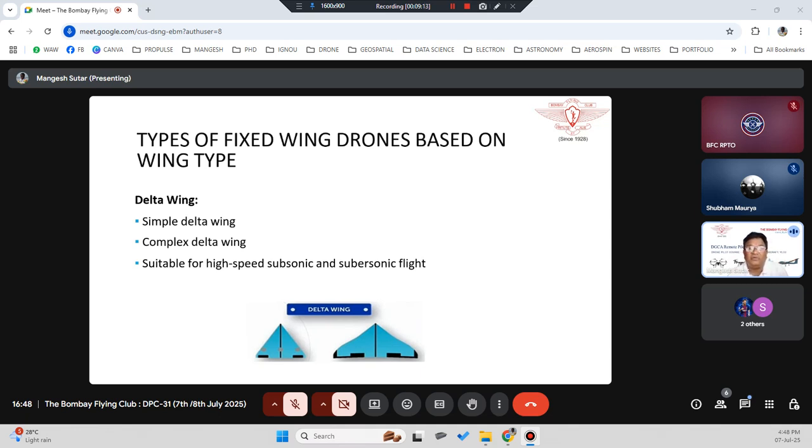Even SpaceX's Starship, they all use this mechanism. So they are not using any wings. There are only very minimal fins, which don't play much of a role. Everything is on the engine. The engine makes the body stable and changes the direction and everything.